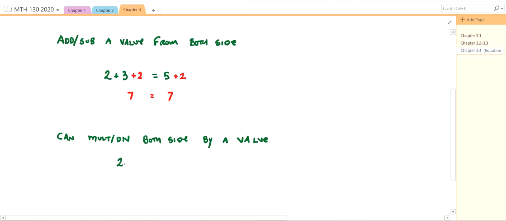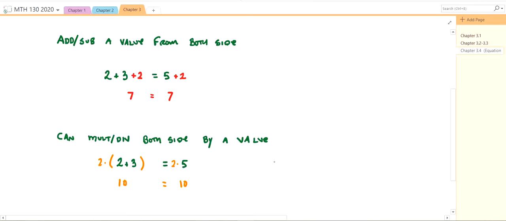So again, if we have 2 plus 3 equals 5, we could come in and multiply this by 2, then have to do the same thing to the other side. And what I get is 2 plus 3 times 2, which is 10, equals 10. So this is the methodology we want to use.